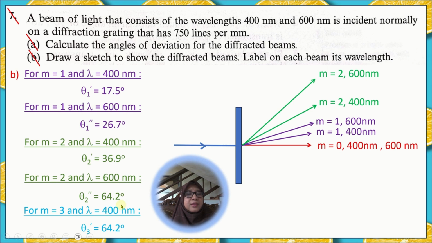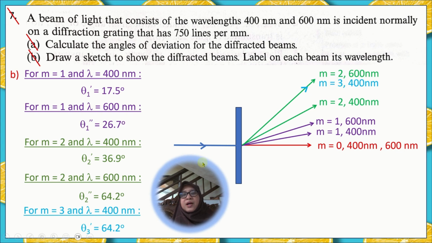And lastly, for m3, 64.2 degrees, the pattern is at the same angle. So we draw at the same angle here, and we label on the same lines to show the diffracted beams.